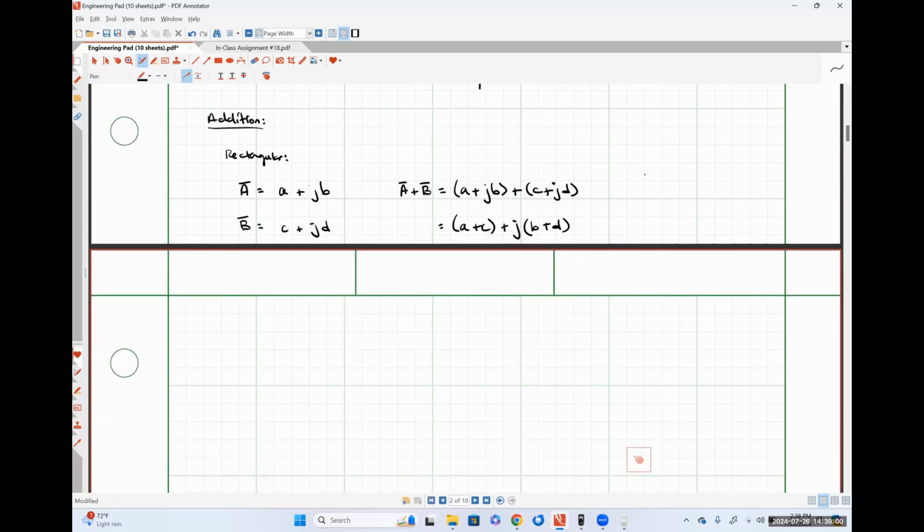Subtraction is literally just addition, except that there's a negative sign involved, right?